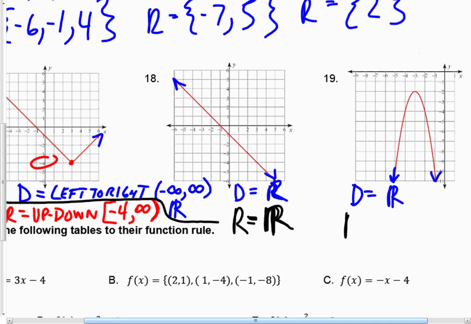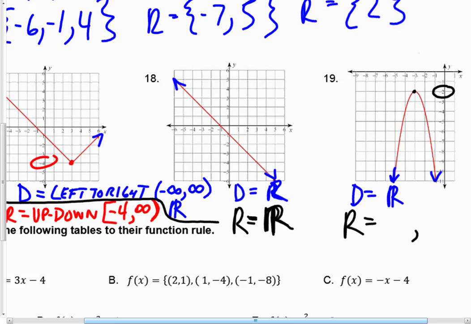Tell me what to do for this one. I want to look up, down for range. Where does it start at? Circle that. That's a -2. If it goes this way, does it ever stop? No, there's arrows.